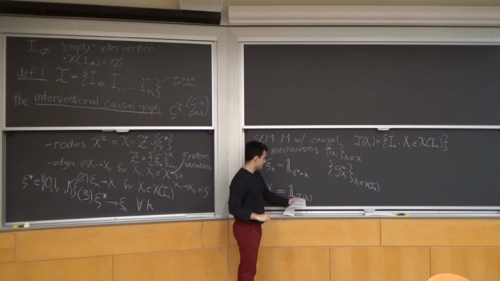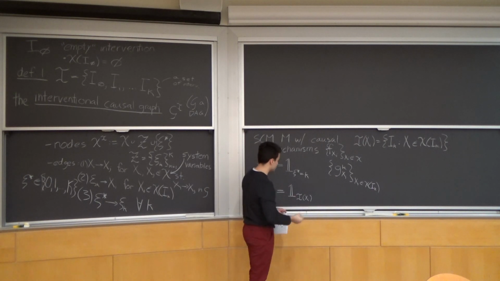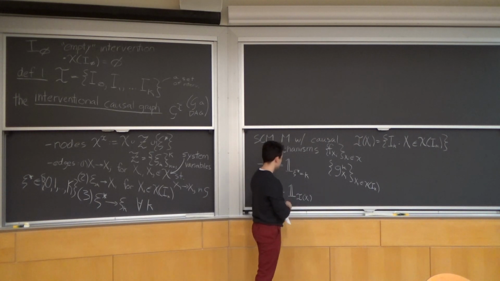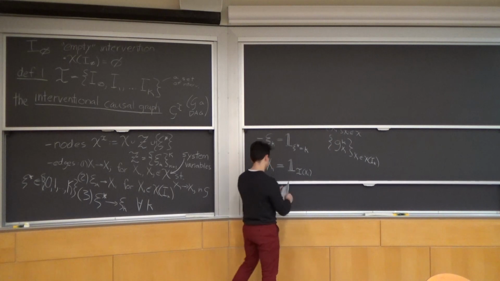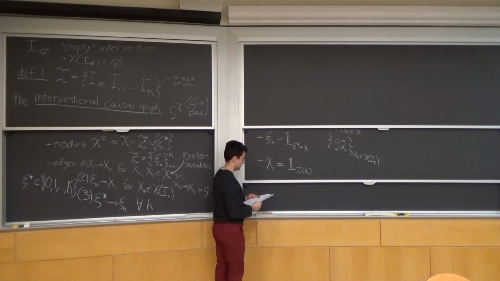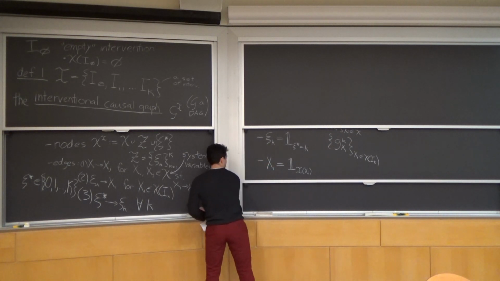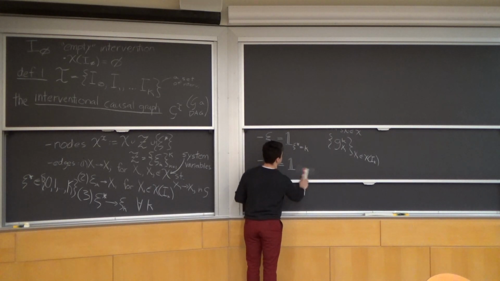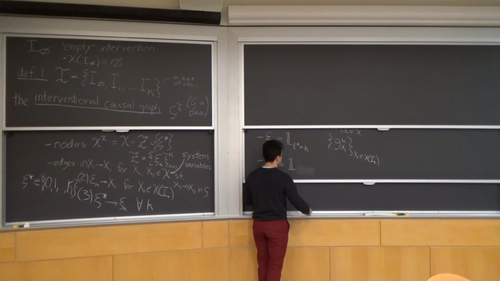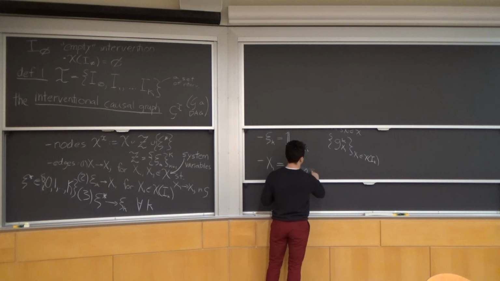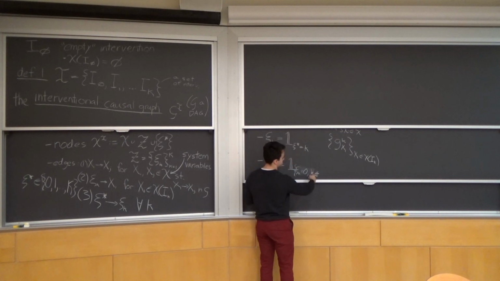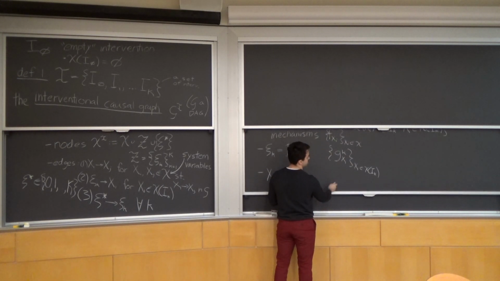So if all of the intervention nodes associated with an intervention on x_i are equal to 0, so really I should be writing the Kronecker delta of zeta k equals 0, for all k in that set I of x_i, a little bit of abusive notation, just the indices of those interventions.